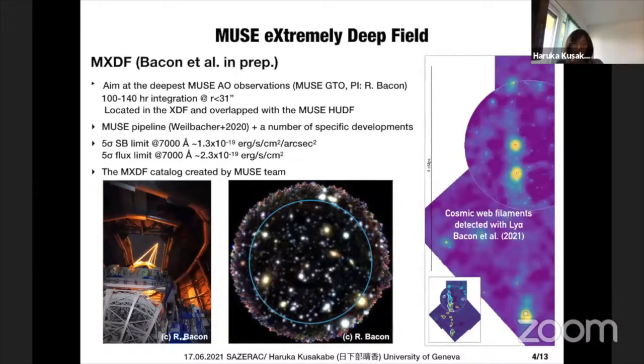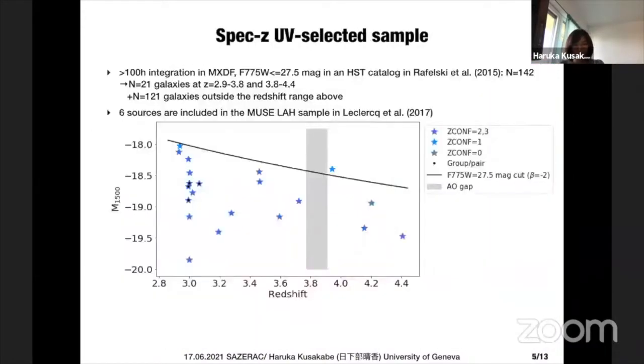The MXDF catalog was created by the MUSE team and includes more than 600 sources. Our sample was first selected from the Rafelski HST catalog with the criterion of an apparent magnitude cut at 27.5. Out of 142 galaxies, 96% have a spec-z in the MXDF catalog, and UV continua of the remaining sources are detected in the MXDF data cube.